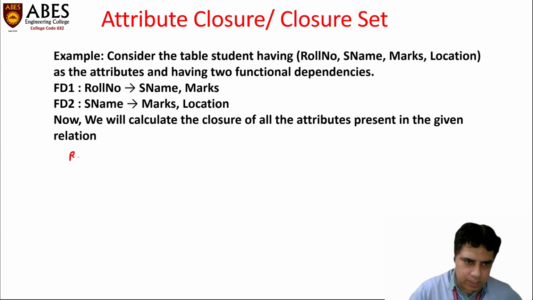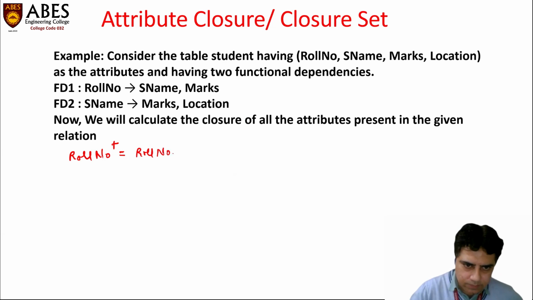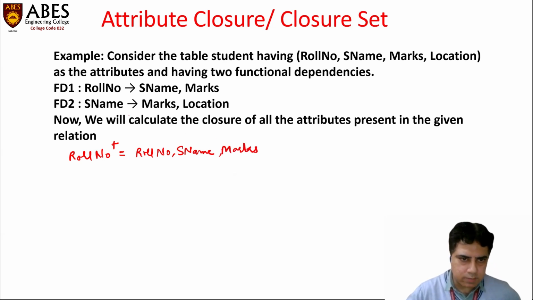Closure set of roll number: from roll number we can determine student name and marks. And from student name, we can determine marks as well as location. No need to repeat the attribute name here. So we can determine location also.